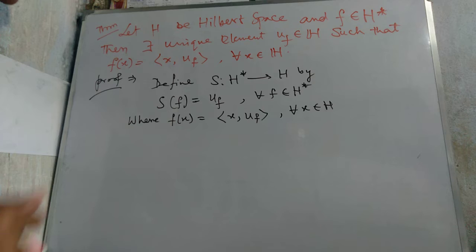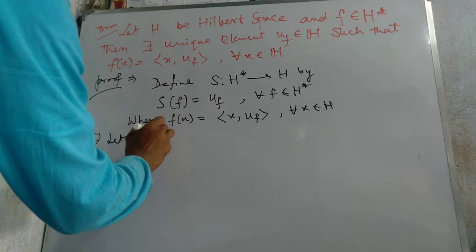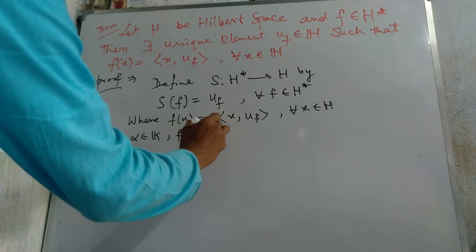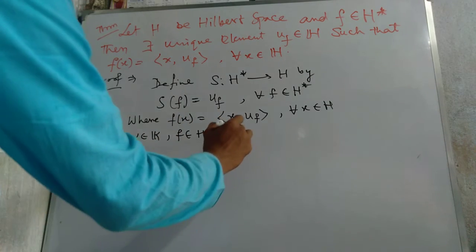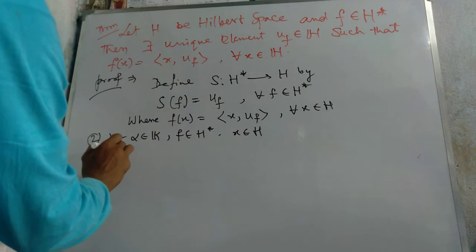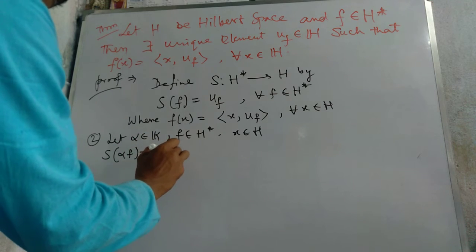Second part, let alpha belong to K. Then f belongs to the dual of H and x belongs to H. Then S of alpha f equals u of alpha f.